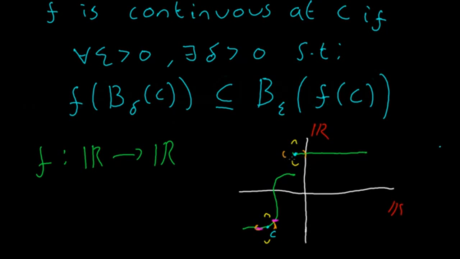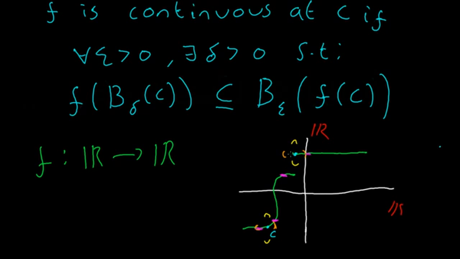But notice that this set contains these points. So the lowest point that this function takes when we restrict it to this set is here. And the highest it goes is here, but this isn't important. So the lowest it goes in here is here. So it's not going to fit inside this yellow ball here.